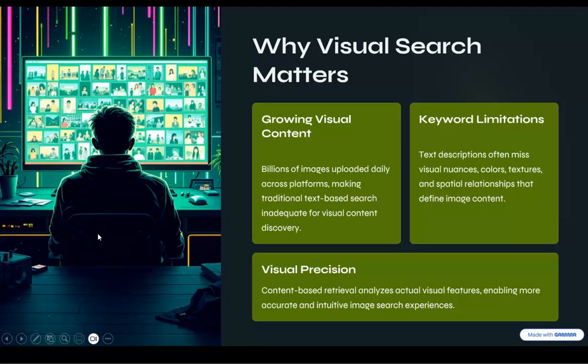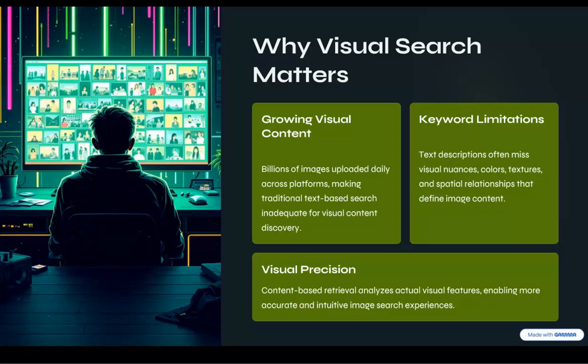So why does visual search matter? As the world becomes increasingly visual, billions of images are uploaded daily on platforms like Instagram, Pinterest, and medical databases, for example. Traditional keyword-based search does not always capture the true visual content of the image.